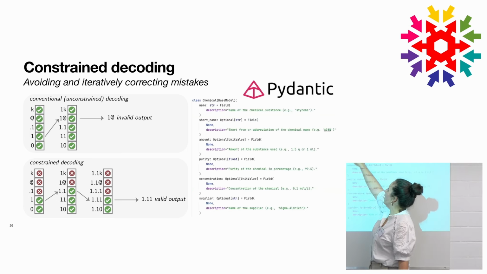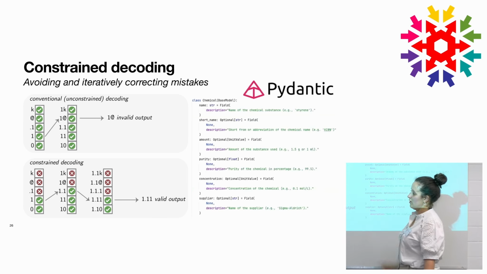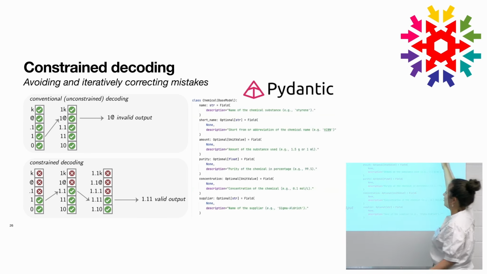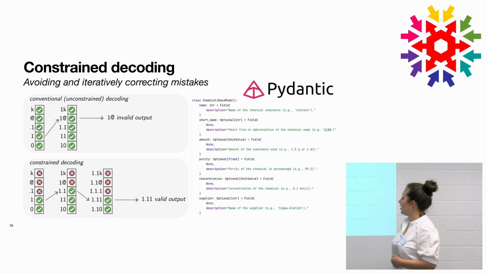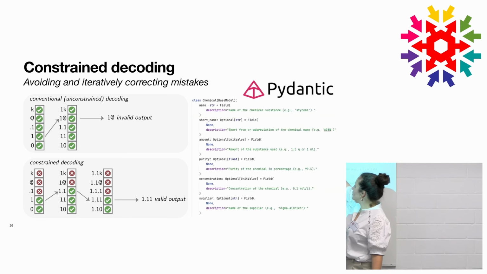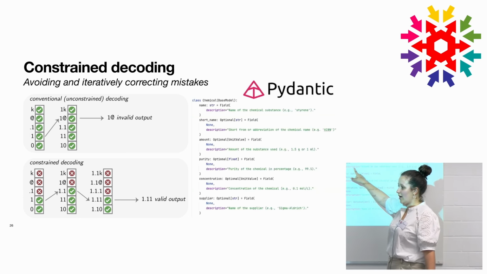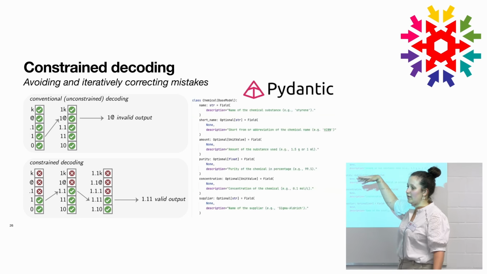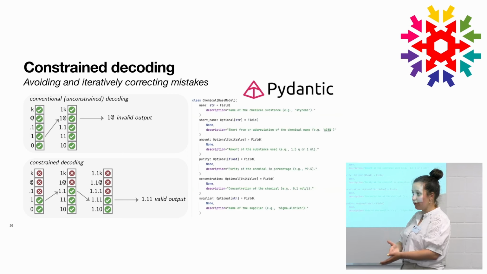And what I can also define here is the type of output I want to get. So for the name, it should be a string. And then I provide some description of what this actually is. So here we have some short name, which is optional. We have the amount. Here I defined another class for any kind of unit, because for a unit, I always want to have the value itself, but also the unit with it, and maybe some error bar.